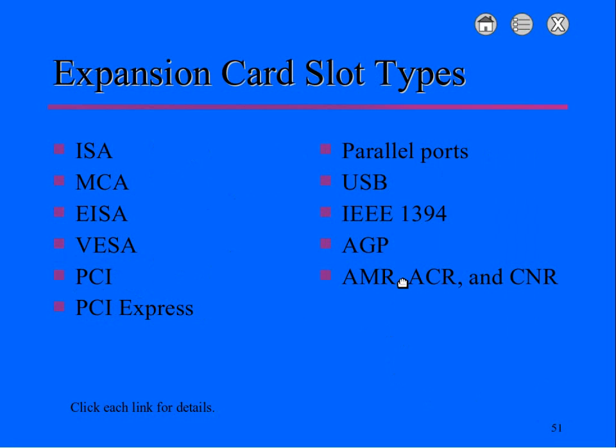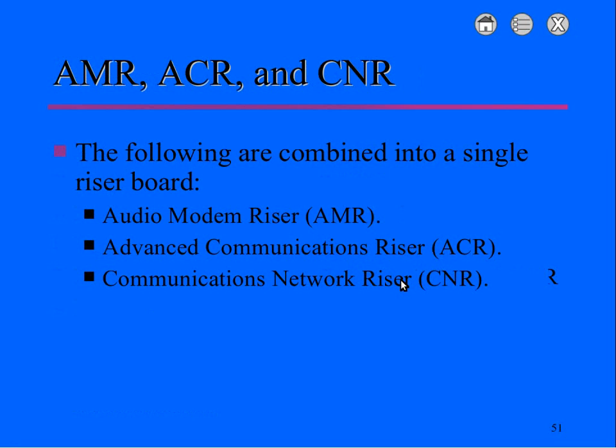And let's see, we also have some special expansion cards you sometimes see on motherboards. There's one called AMR, which is for modems. There was one called an ACR, or Advanced Communication Riser, that was used for multi-purpose cards that did a number of different things. And then there was one called CNR, Communication Network Riser.